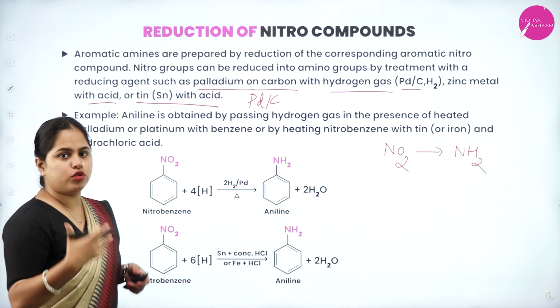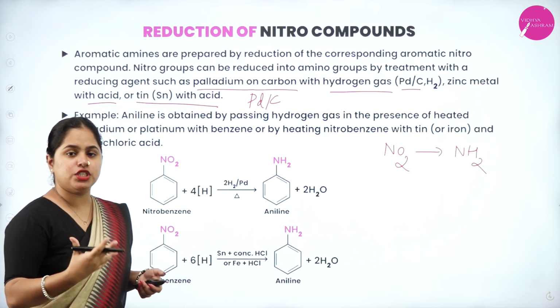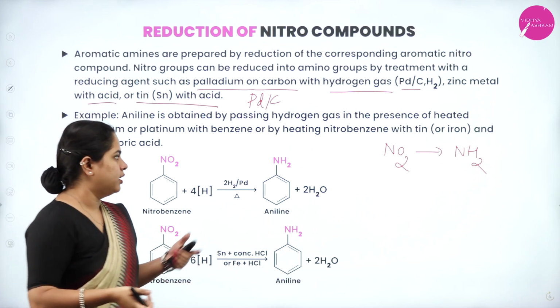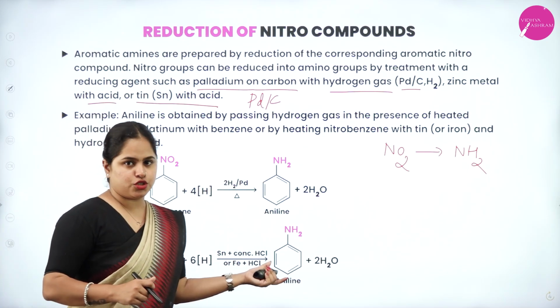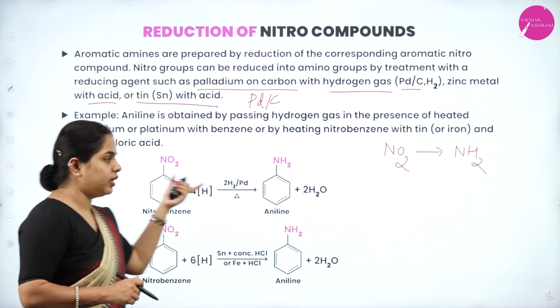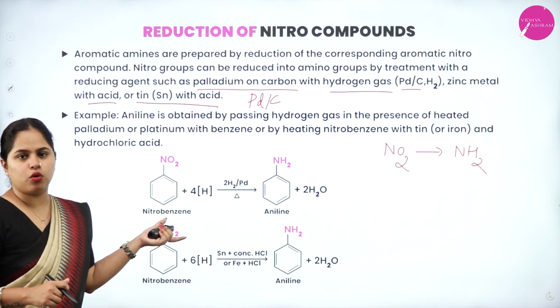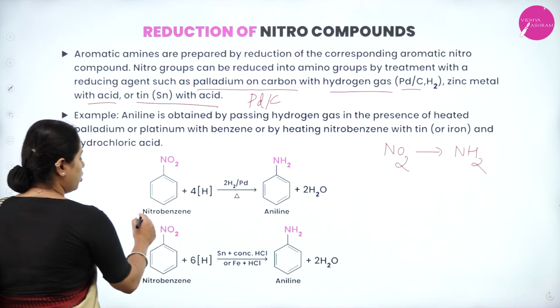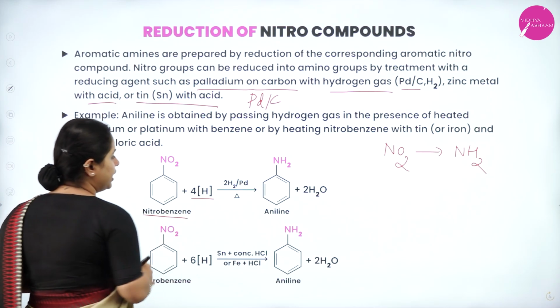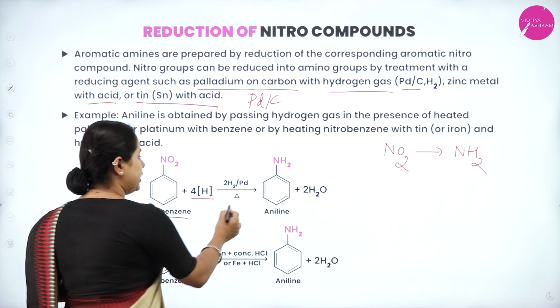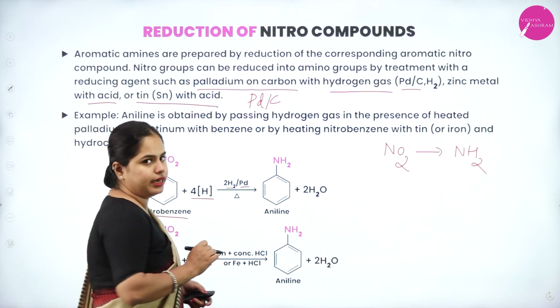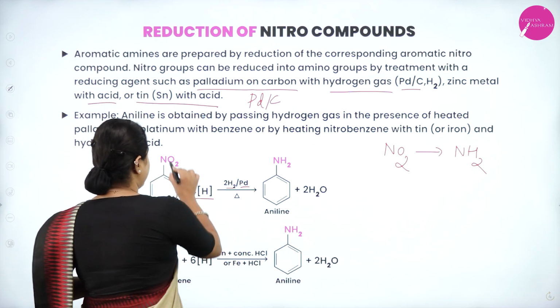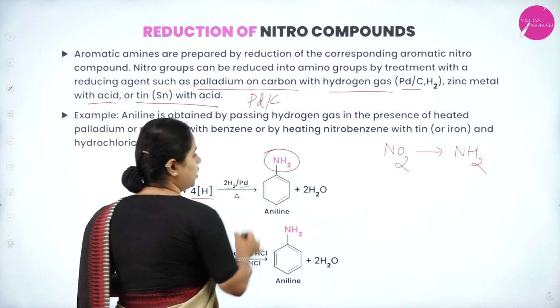So if you have to produce amine, which is aromatic amine, which is aniline, the corresponding aromatic nitro compound should be taken. So nitrobenzene is taken and in the presence of palladium on carbon and hydrogen gas, the nitro group is going to be reduced to amino group.